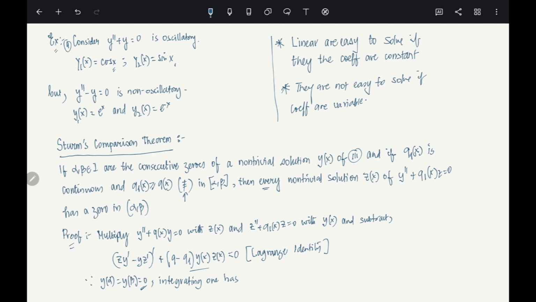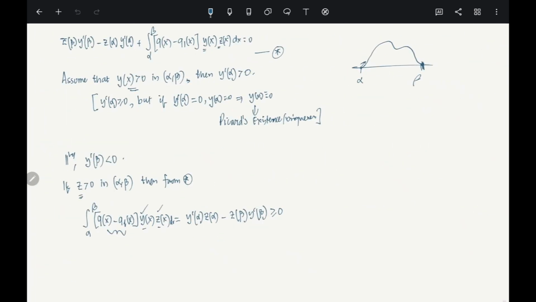So hence our assumption is wrong, and therefore every non-trivial solution of z double prime plus q1 of x y equals 0 has a 0 in alpha beta. I hope this is clear.